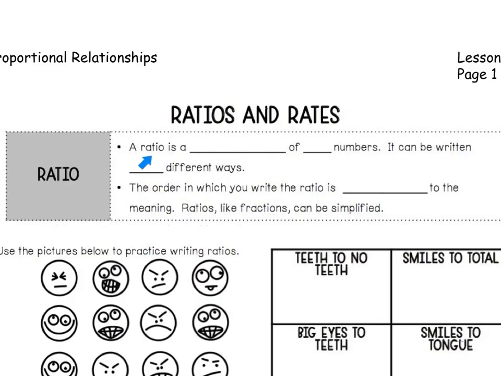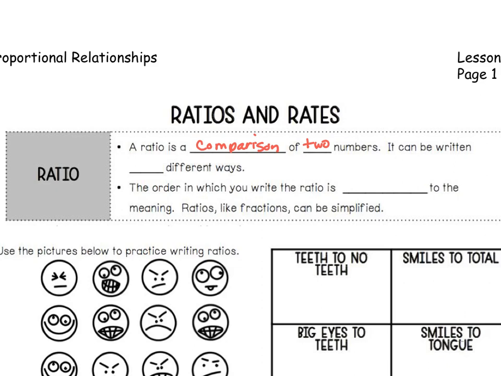As we read, it says a ratio is a blank of blank numbers. It can be written in blank different ways. So a ratio is a comparison of 2 numbers.